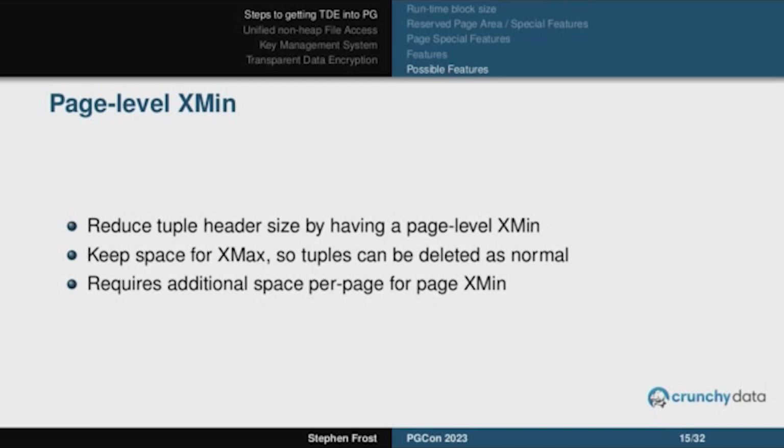But again, this is really just pie in the sky ideas of if we had more space on the page, what could we do, right? And I didn't come up with this one. Somebody else mentioned it to me as an idea, right? So you do a bulk copy, you have a tuple header that can be variable in size, and you have a way of referencing whether this particular tuple is using the page level XMin or has its own.